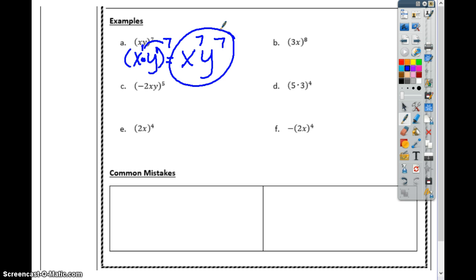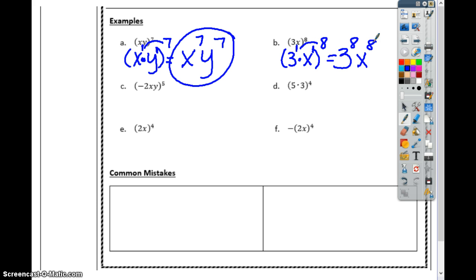Letter B. Now this is like 3 times x, 2 factors here, exponent, the power of 8. We have to multiply this times the 1 and this times the 1. So that's going to equal 3 to the 1 times 8 is 8 to the 8th power, x to the 8th power.